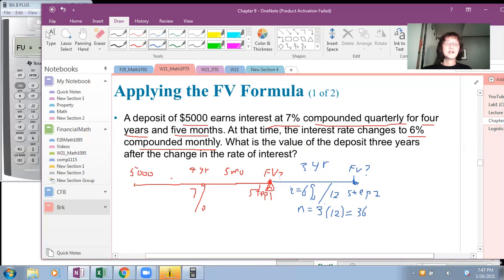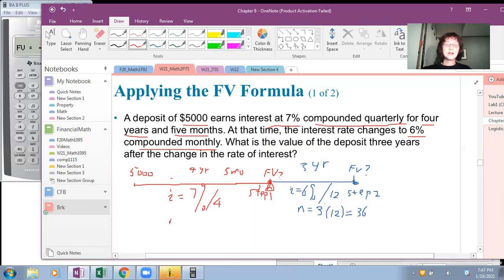Now going back to here, this 7% is compounded quarterly, means periodic rate I equal to 7% divided by 4. That is compounded quarterly.